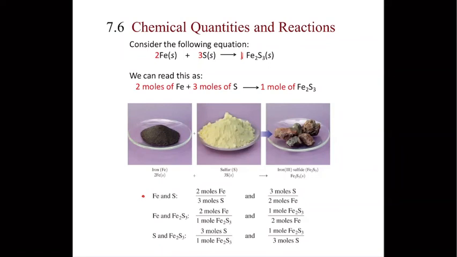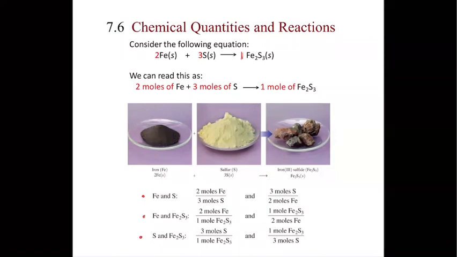relate the reactants to the product. So in the second one, we have iron related to how much product in moles are we going to make. And you can see that the relationship is 2 to 1 or 1 to 2, depending on what we're trying to discover. And lastly, we have the other reactant related to the product.